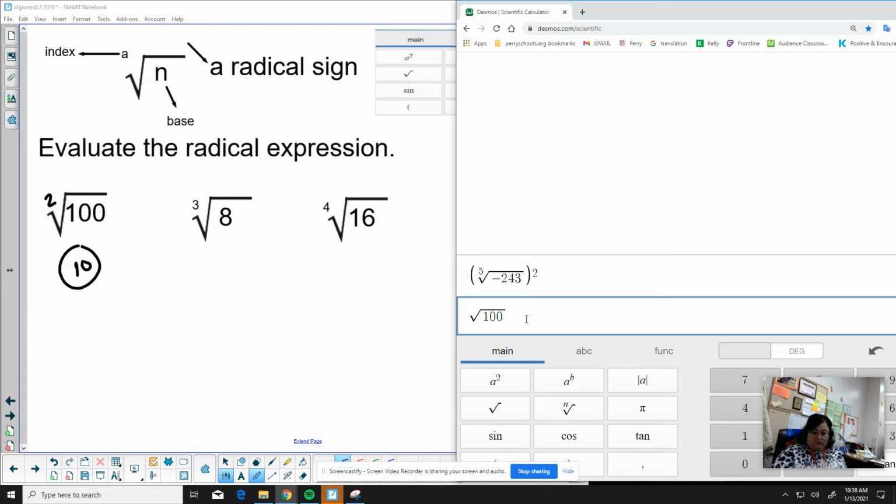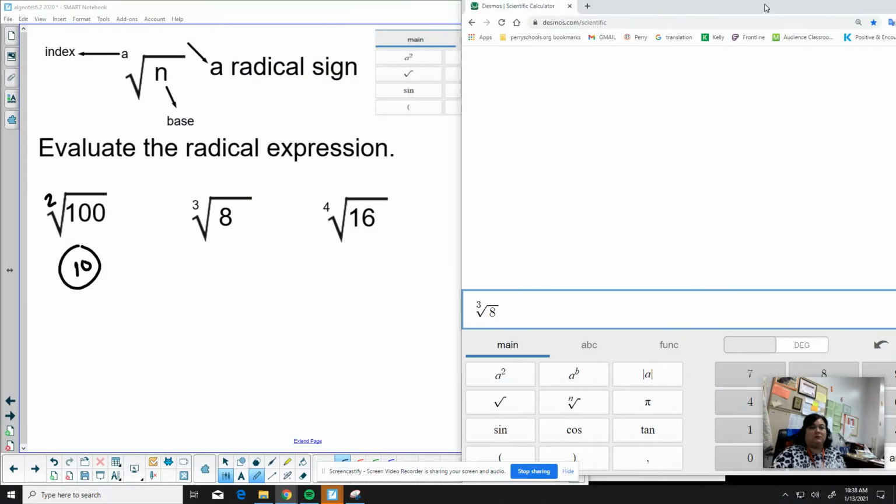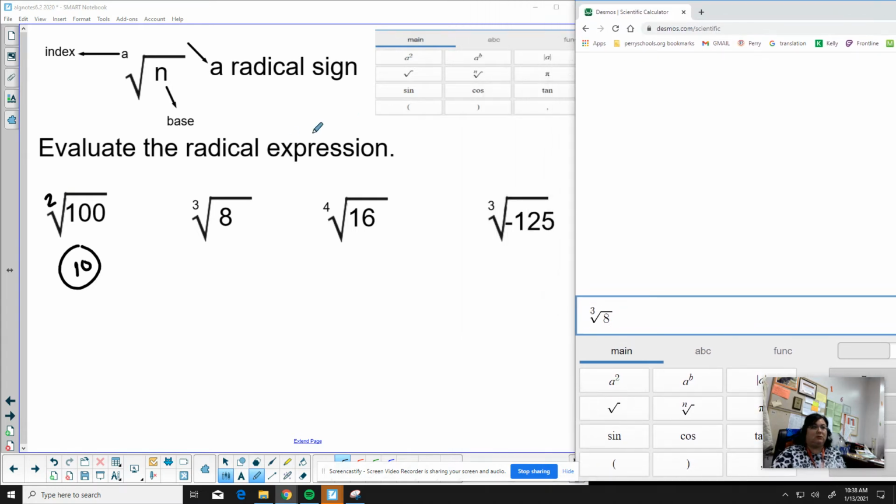The next one is a cube root because it's to the third power. We would click the radical symbol with the index, put the index of 3 up there, type in the 8, and that would give me 2. So my answer here is 2.